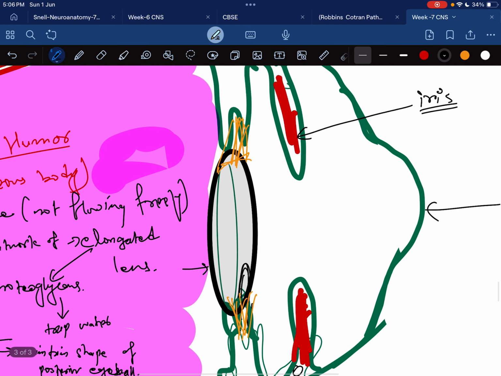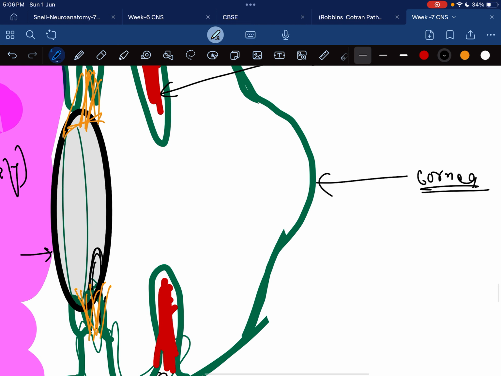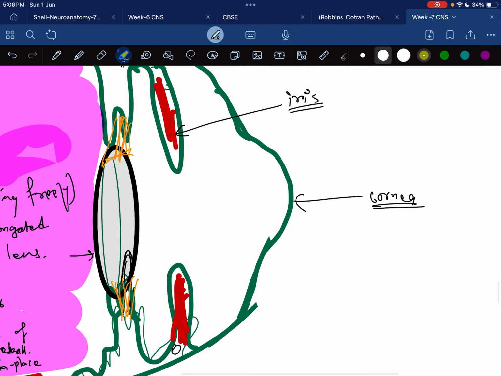Regarding the aqueous humor, it is present anterior to the lens, in between the lens and the cornea. This is known as aqueous humor.